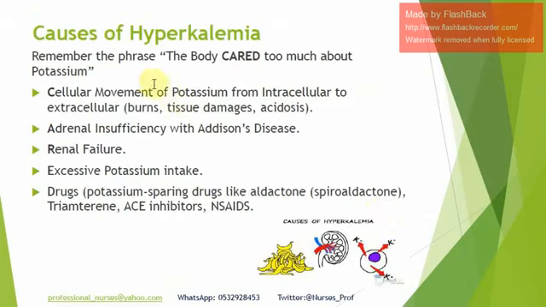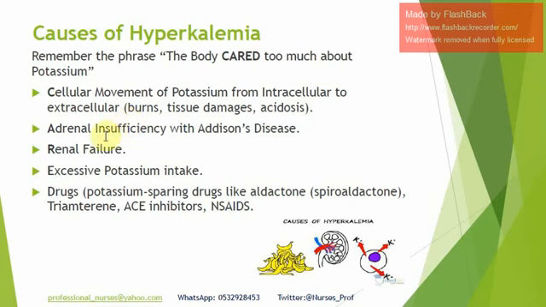What are the causes of hyperkalemia? To remember the causes, remember the phrase, the body cared too much about potassium. The first cause is cellular movement of potassium from intracellular to extracellular, which will happen with pain, tissue damage, or acidosis.